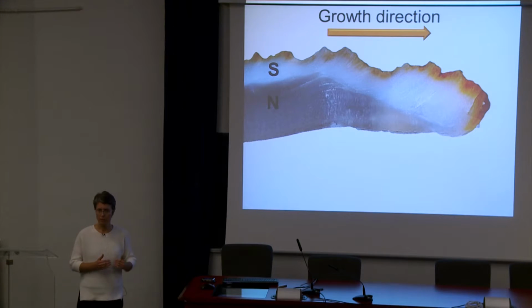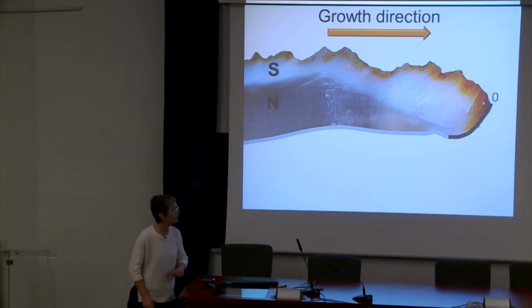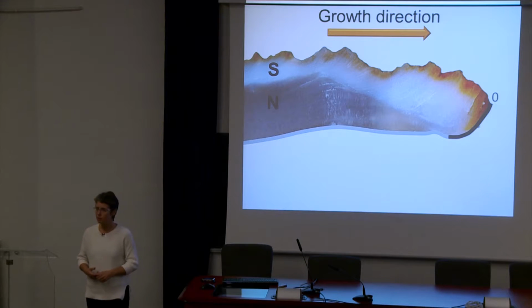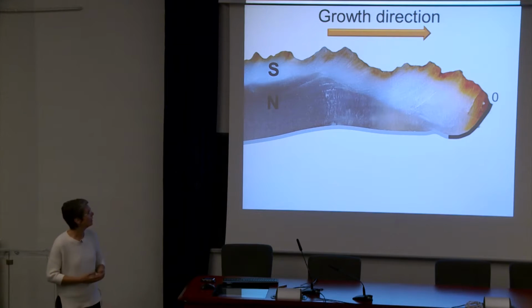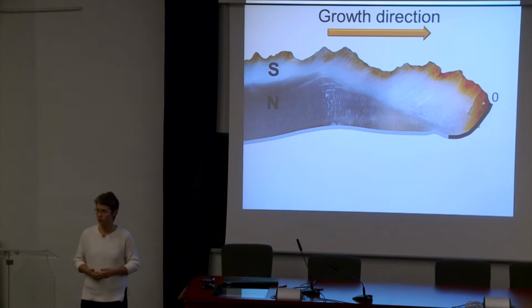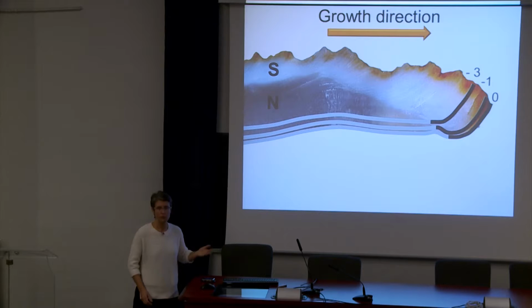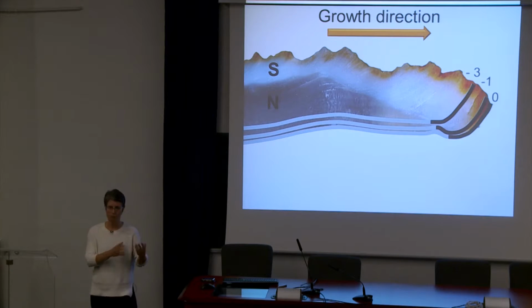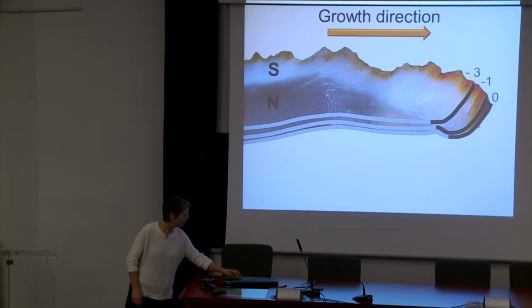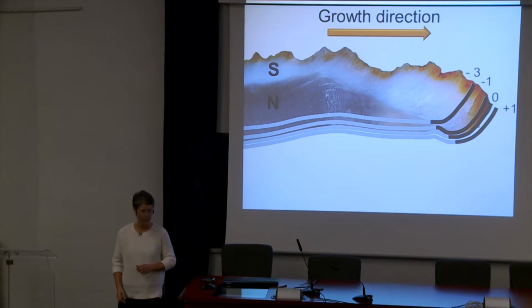In fact, both layers at a given moment are deposited simultaneously, here with the black line representing the spherolytic layer and the gray one, the nacre layer. The previous one will be there, for example, time -1, -3, and the next one will be there.